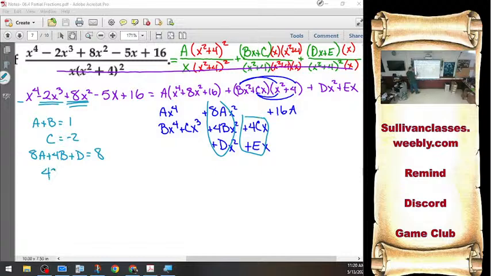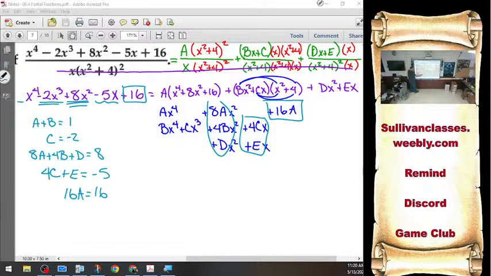I've got 4c plus e is negative 5. And 16a happens to equal 16. Do you see how that makes the system fairly easy?